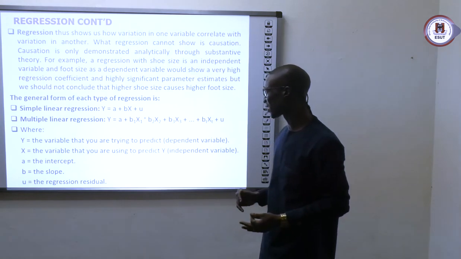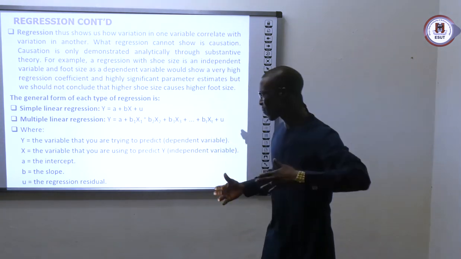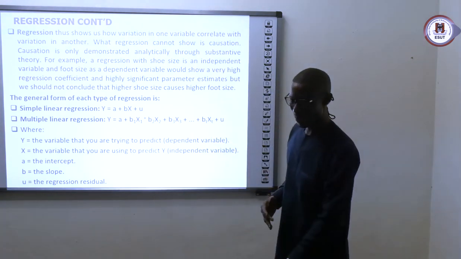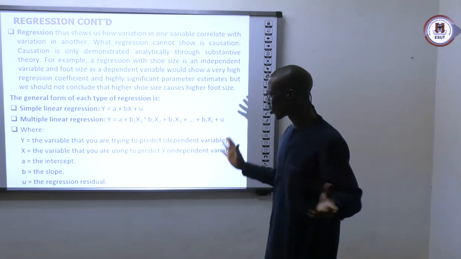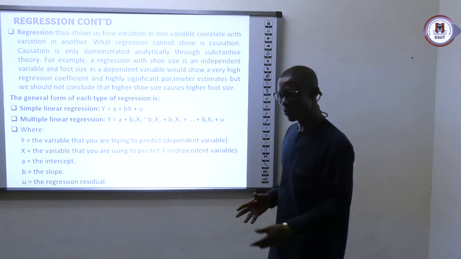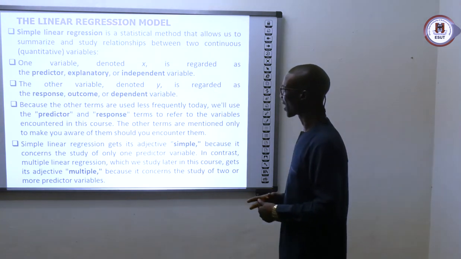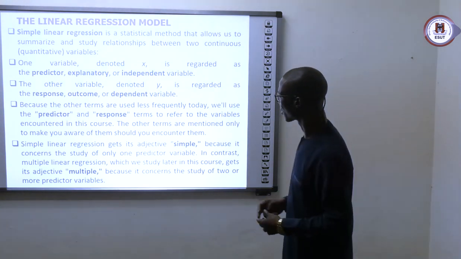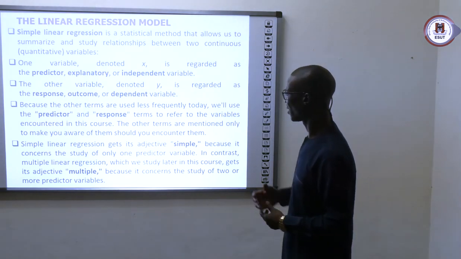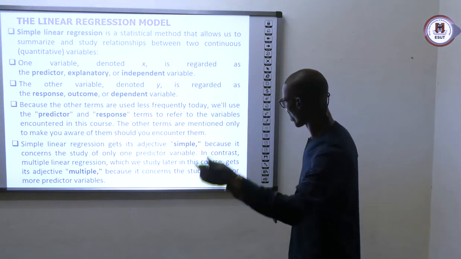So when you have simple regression, you have one independent and one dependent variable. But in multiple regression, you have many independent variables but one dependent variable. So that is all about simple and multiple regression analysis.